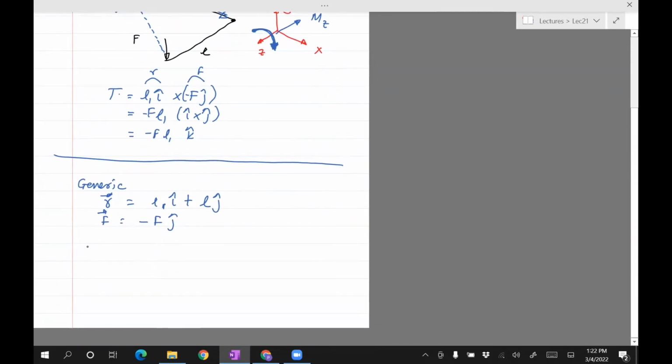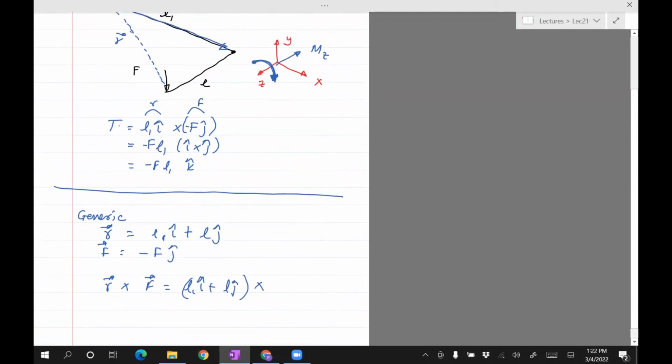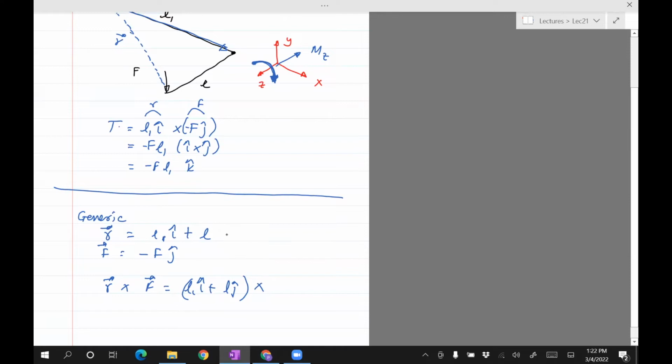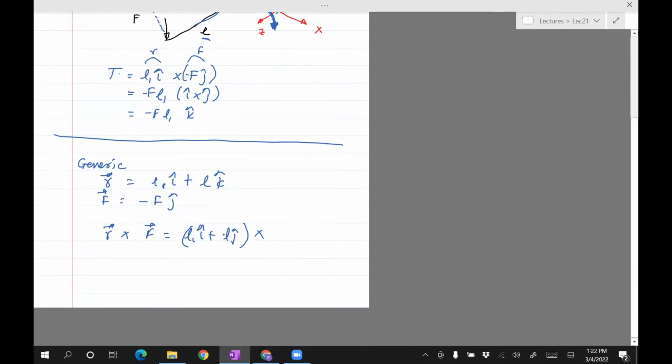So really what you're doing, to find the torque, is r cross F, which is L1 i plus L j, crossed with F. Sorry, this is not j, this is k. The L is along this direction. It should be k crossed with F j.